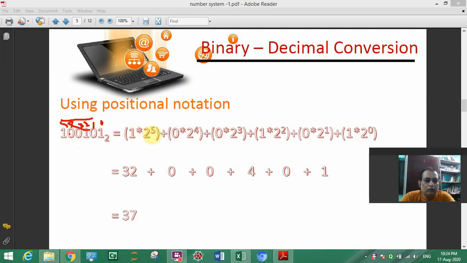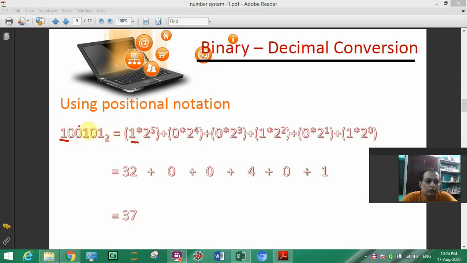So first this digit, that is 1, has what index? 0, 1, 2, 3, 4, 5. So this 1 is standing at index 5. So what will be written here? This digit 1, in which number system is it?